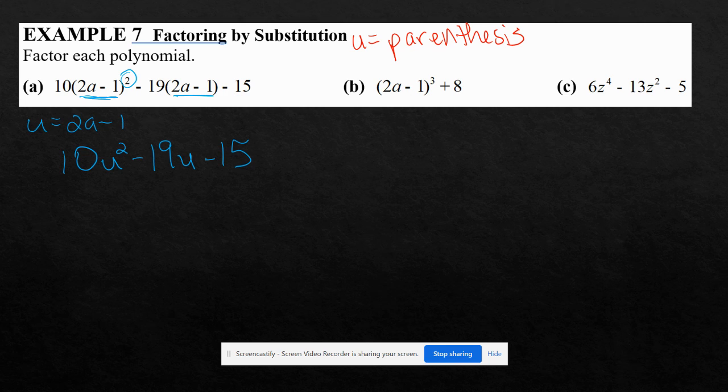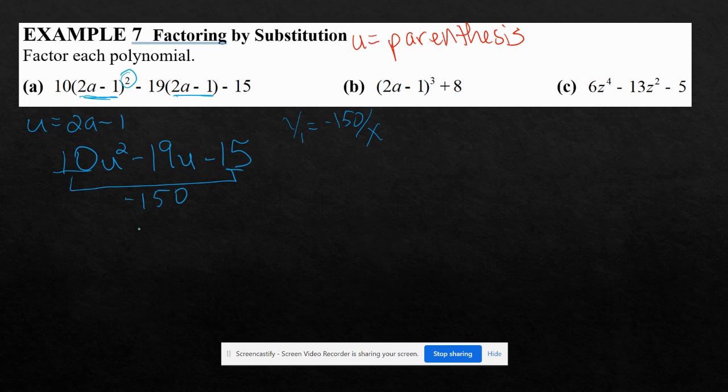Now I can factor this. 10, 19, and 15 do not have any common terms. So I'm going to do 10 times negative 15, which is negative 150. I need two values that multiply to negative 150 and add to negative 19. Now remember, you can go into your graphing calculator. Y1 is equal to negative 150 divided by x. Hit that table and start looking at those whole numbers.